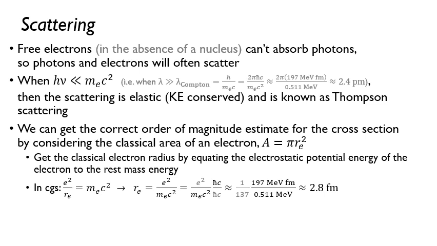Let's just go to CGS so we can drop that pesky permittivity that no one ever remembers the value of. So then we have that the electron charge squared divided by the radius, so charge squared over radius, is equal to the rest mass. We can rearrange, and we have the radius in terms of charge squared over rest mass of the electron.